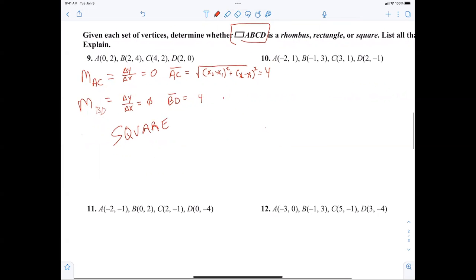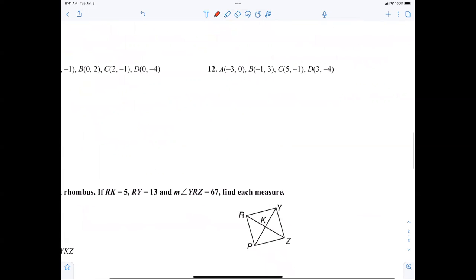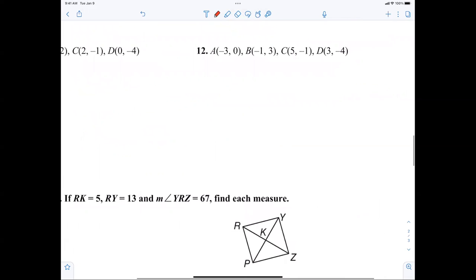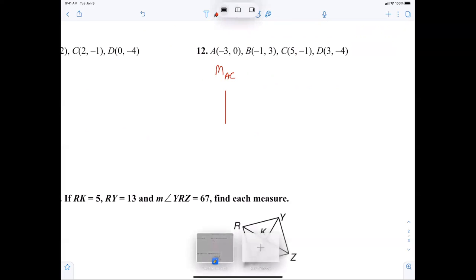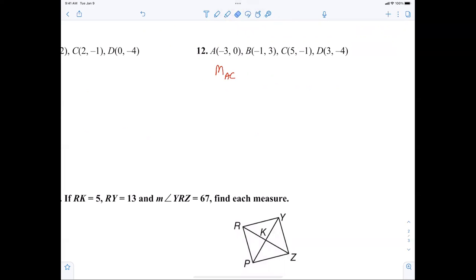All right, let's try 12 just for fun. Let's see what that is. So I still want to check out the slope of AC, and I would like the slope of BD. Someone new, calculate the slope of AC and the slope of BD.